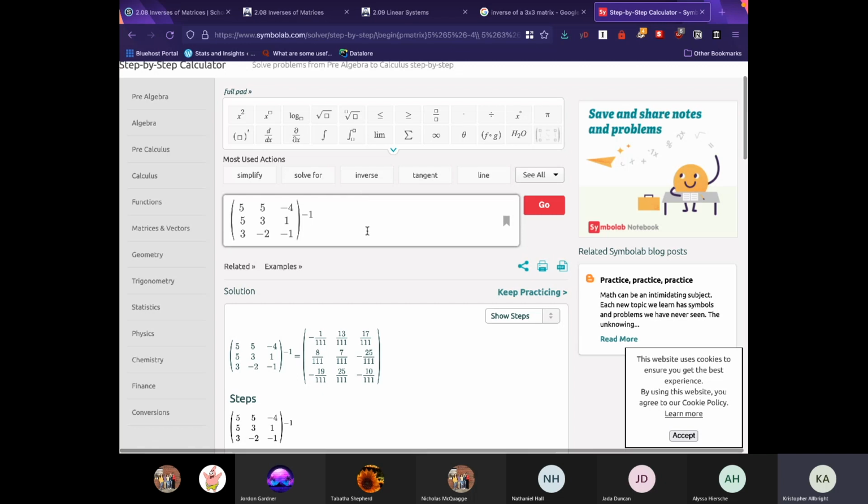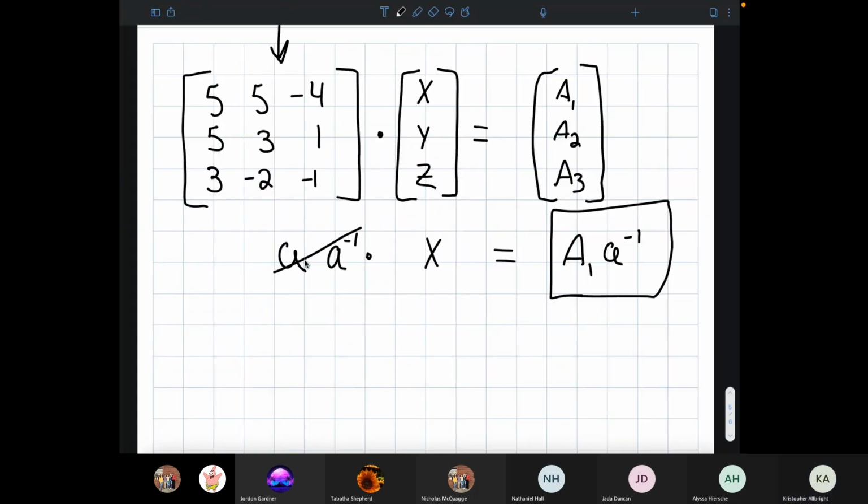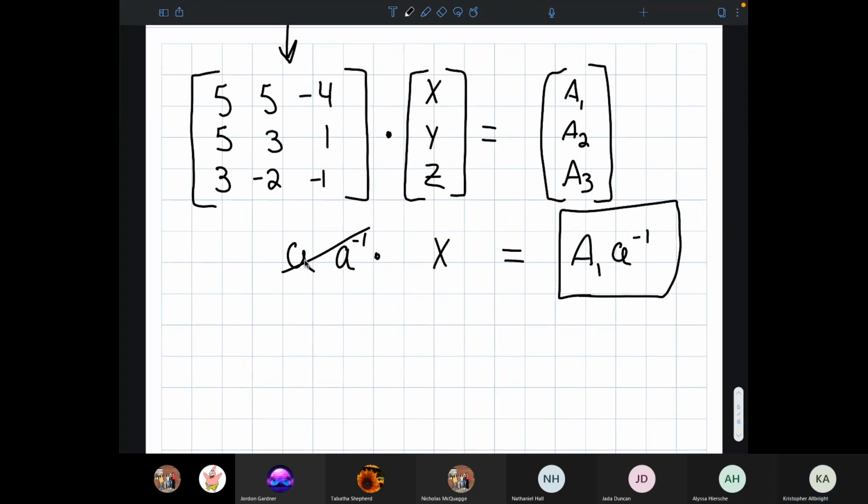So we know that this will calculate the inverses, and we know what we need to do. We need to set this up in the equation, and we also need to change these out for the actual answers.